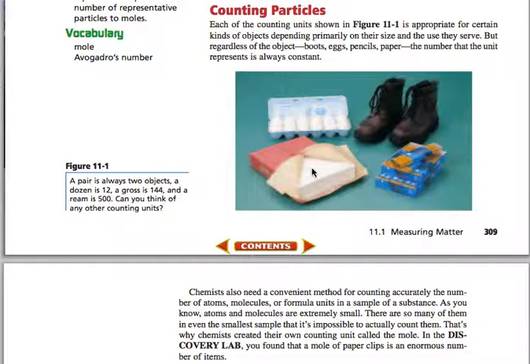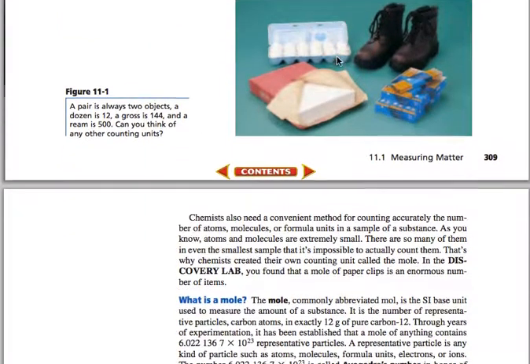So we wouldn't want a ream of eggs. We don't need 500 eggs. We want a dozen eggs. We don't want a pair of paper. We would want a whole ream of paper, but a pair of shoes. Okay? So these counting units help us count things, count particles, right?